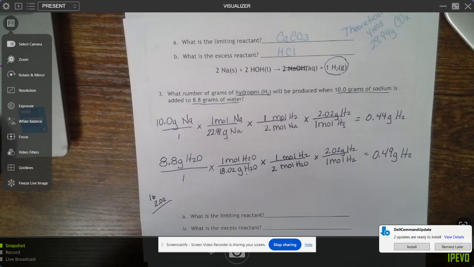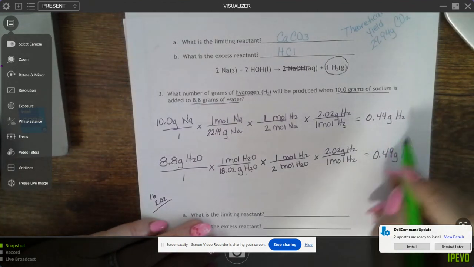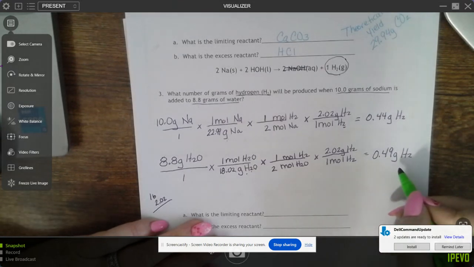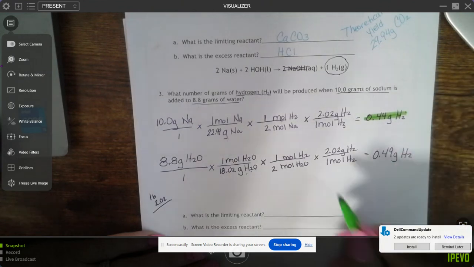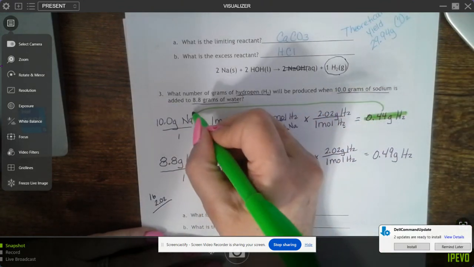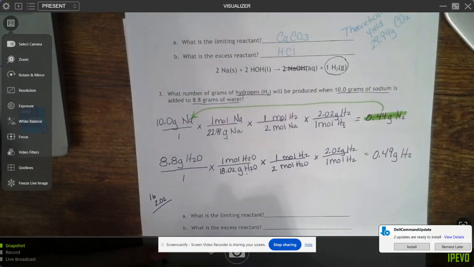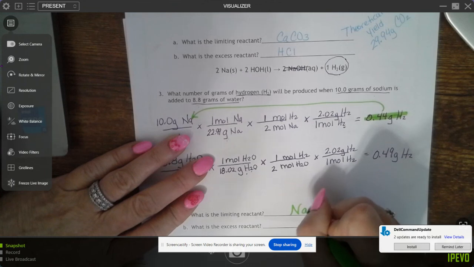So these are our 2 possible answers, 0.44 grams and 0.49 grams. This being the smaller amount, we have to draw our arrow back. What did we start with? We started with sodium, so our limiting reactant is sodium.